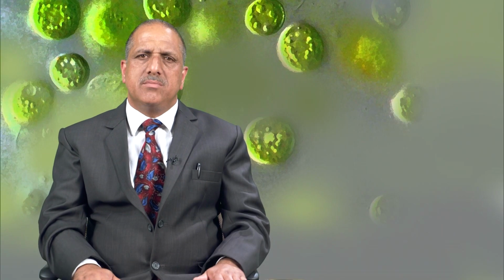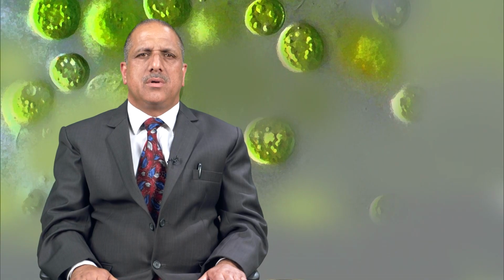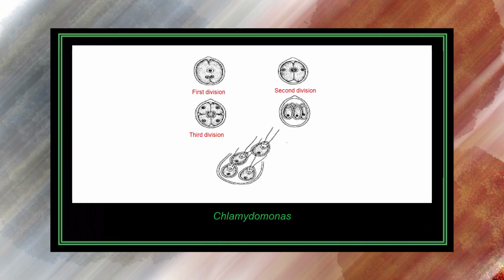The protoplasm divides longitudinally by simple mitotic division, forming two daughter protoplasts. The second division of protoplasm takes place at right angles to the first, thus making four daughter cells.